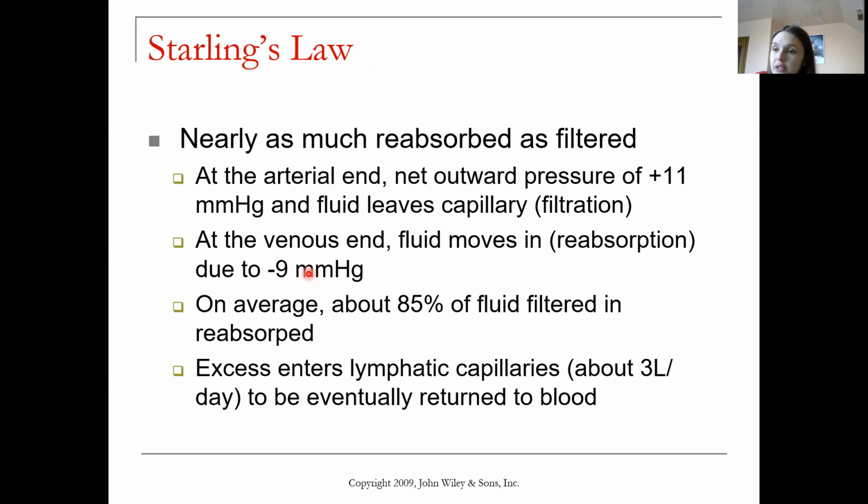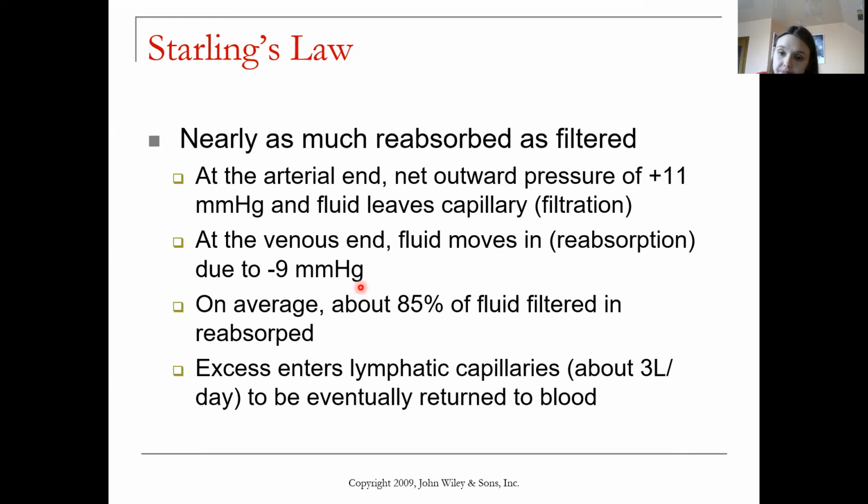Due to these differences, about 85% of the filtered fluid will be reabsorbed. Mostly all fluid will be filtered, but due to the low net filtration pressure at the venous end, only 85% will be reabsorbed back.